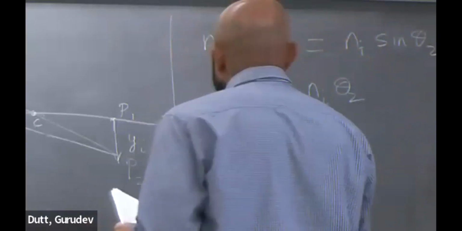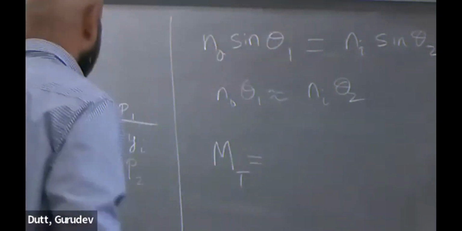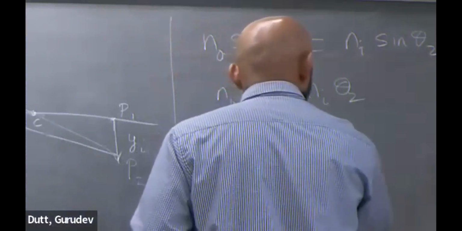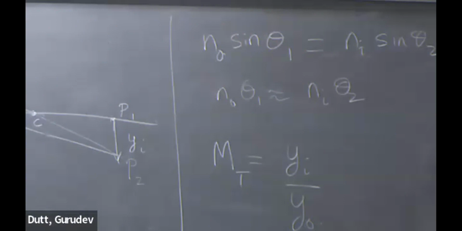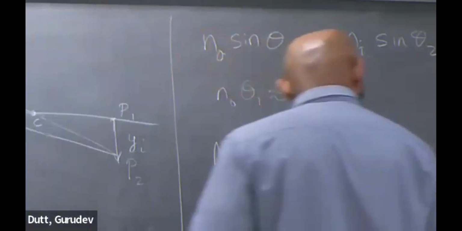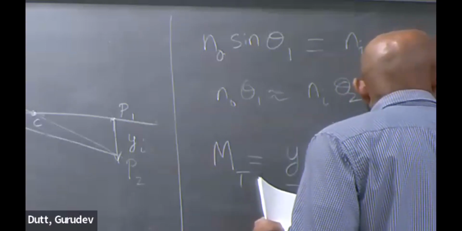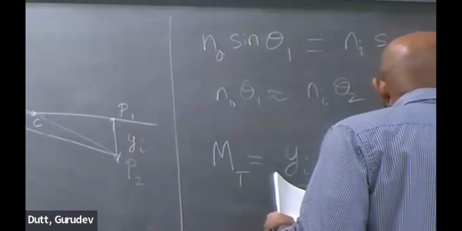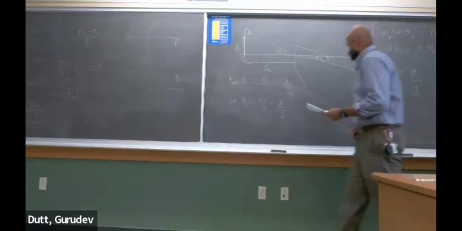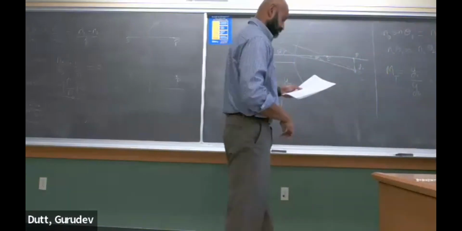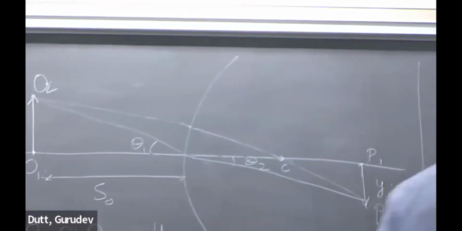Substituting all that for the magnification, which I call the transverse magnification, the ratio of the heights, Yi divided by Y0. That makes sense. That's what I would call magnification. That gives me minus NO divided by Ni times Si divided by So. Okay, just substituting all that. So this is how I would calculate the magnification.